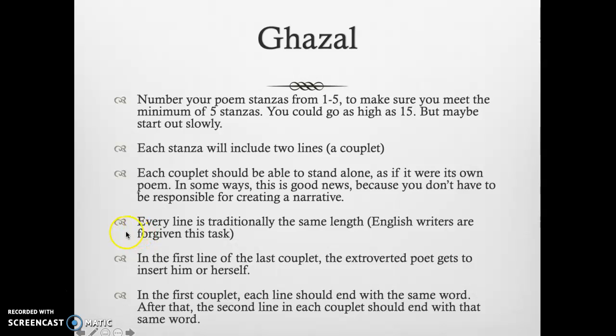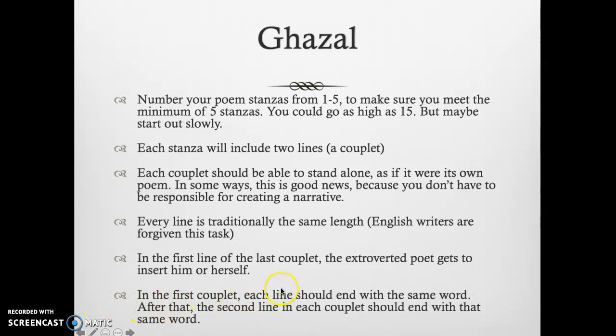Every line is traditionally the same length. It says that English writers are forgiven this task, people who are writing in English, but usually the lines are the same length. In the first line of the last couplet, the poet can put him or herself in there. So you put like I or your name in there.